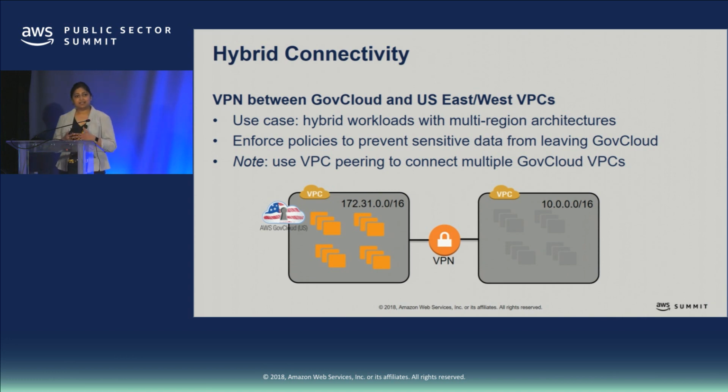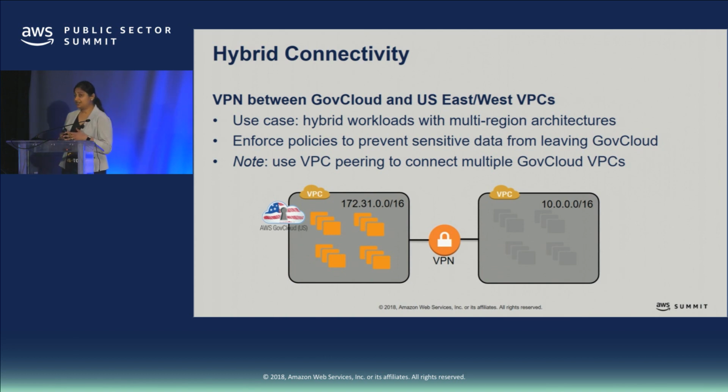However, customers can still establish connectivity between their GovCloud VPC and their non-GovCloud VPC in the other standard region by setting up a software-based VPN solution. What you essentially do is set up a virtual VPN appliance on an EC2 instance and use this instance as a terminating endpoint for your VPN tunnels within the VPC environment.